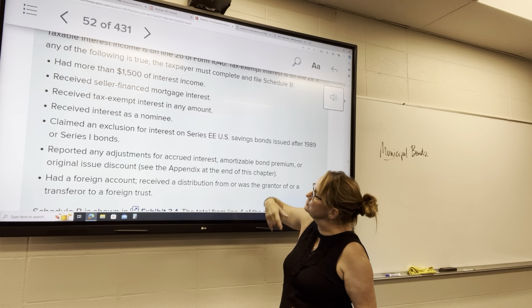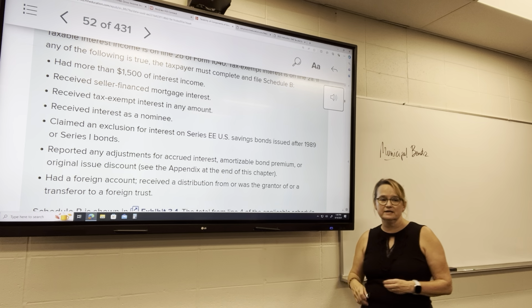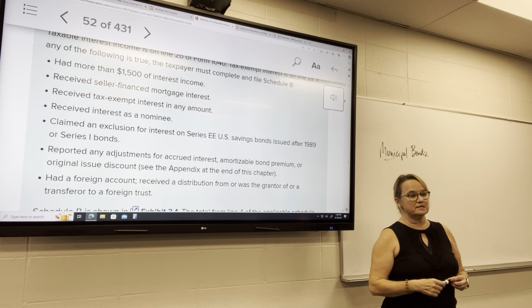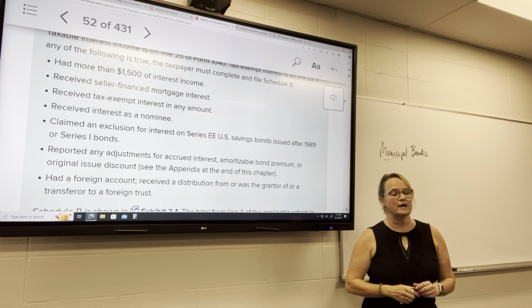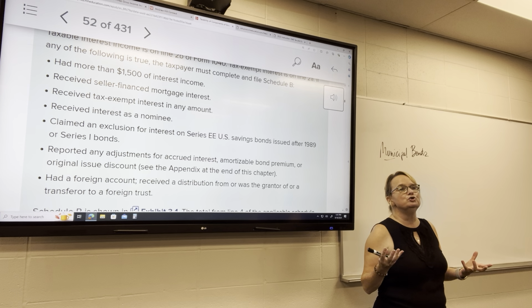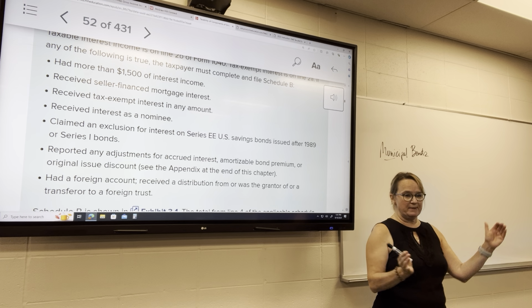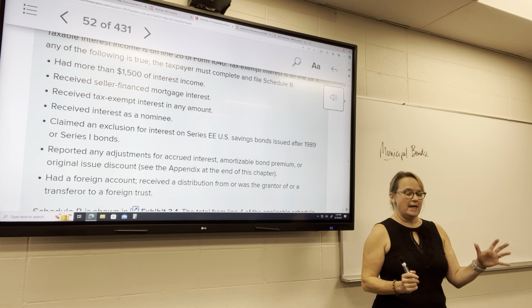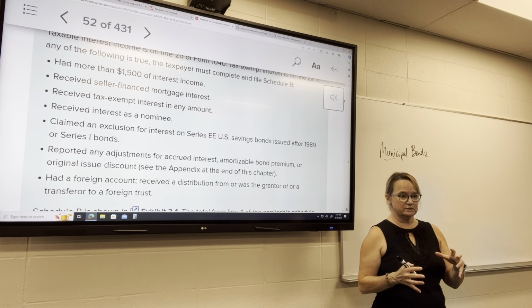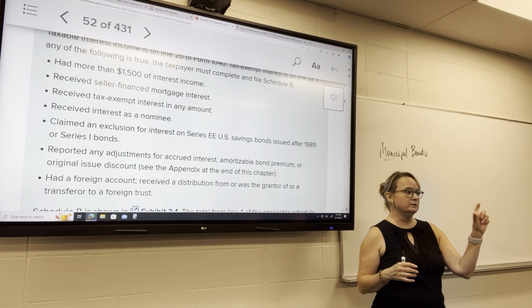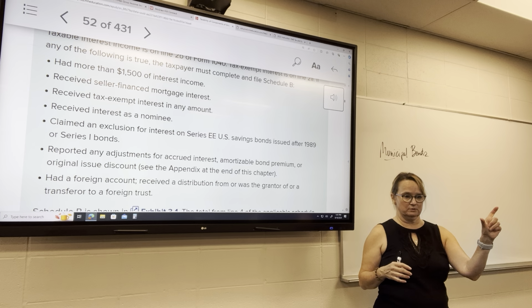If they received interest as a nominee, this is kind of a strange concept, but sometimes more than one person owns an asset where interest is being paid. So let's say you and your mom have a bank account together, and that bank account earned interest, but it's only reported under one social security number.